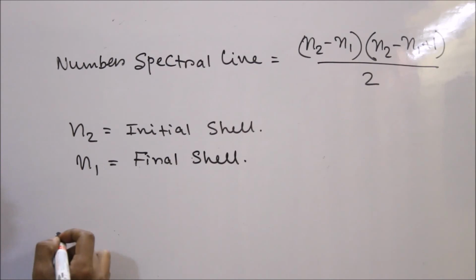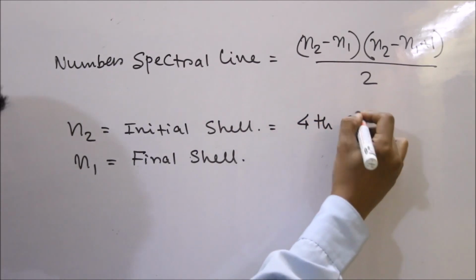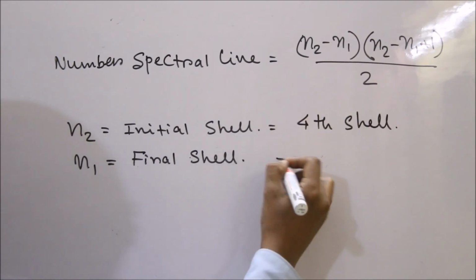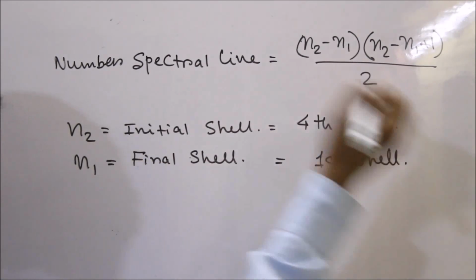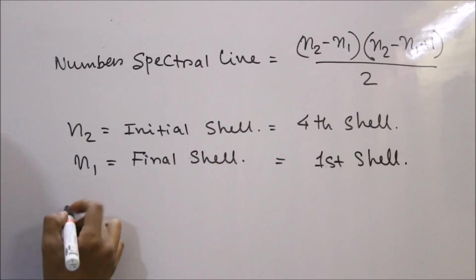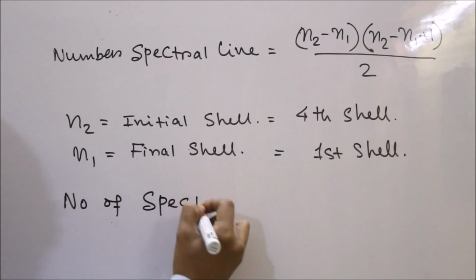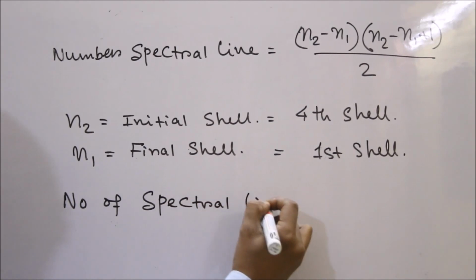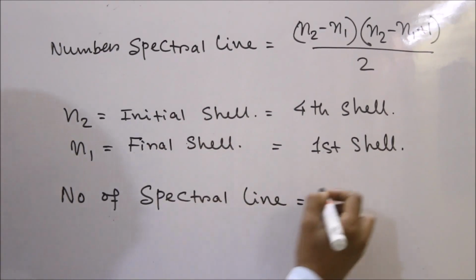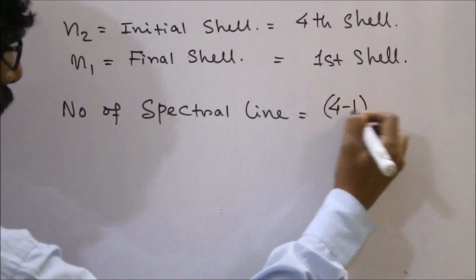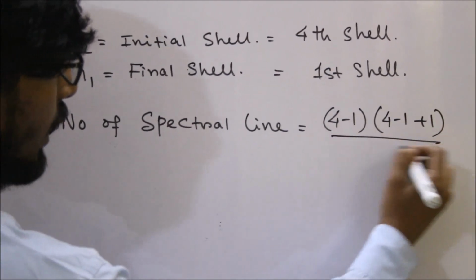Now electron jumps from fourth shell to the first shell. So the number of spectral lines will be 4 minus 1 into 4 minus 1 plus 1 by 2.